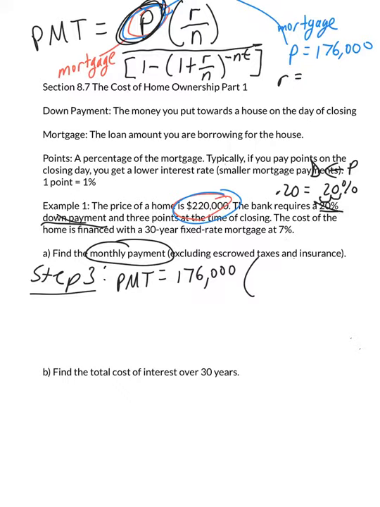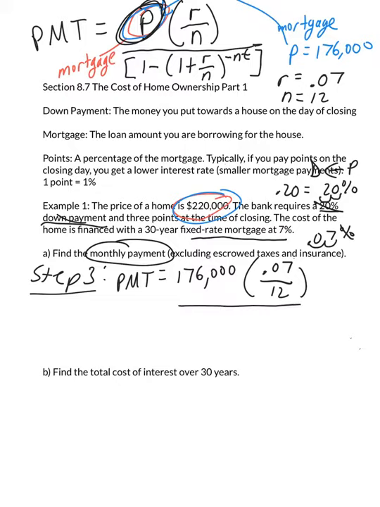We don't need that percent anymore. It says the fixed rate mortgage at 7%. 7% is 0.07 when you convert it to a decimal, because you move that decimal point 2 hops to the left. All over N, because it's a monthly payment, all the N's, all 3 of them in the formula, will be 12.